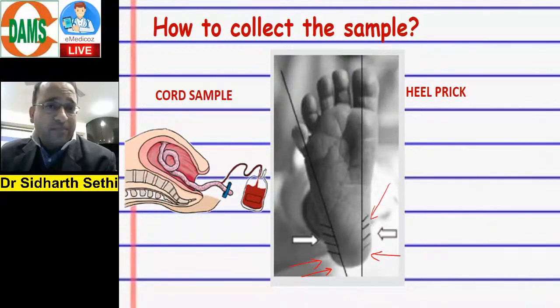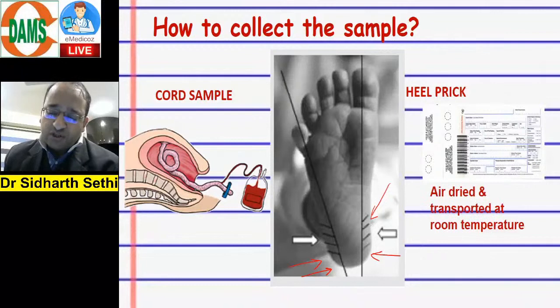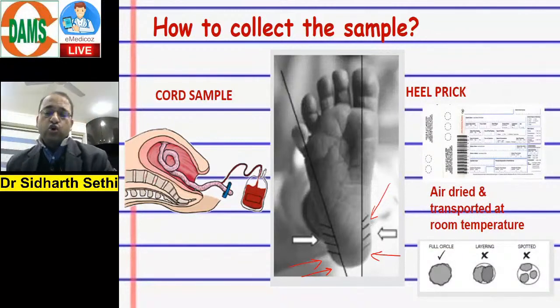All of you know anatomy more than me, so you will see that plantar arteries may be pricked if you prick slightly medially. And secondly, repeated pricks in the center can cause calcaneal osteomyelitis. On your screen is a normal card, as in all of your hospitals.